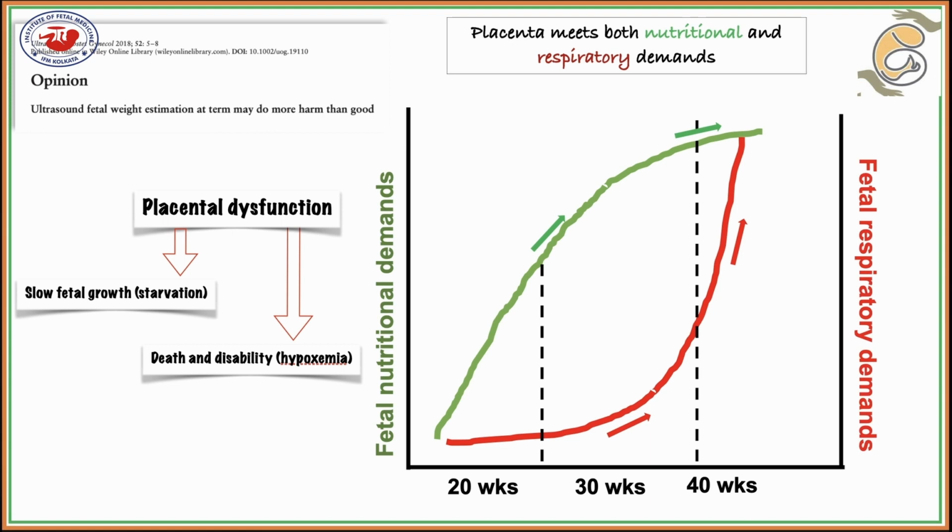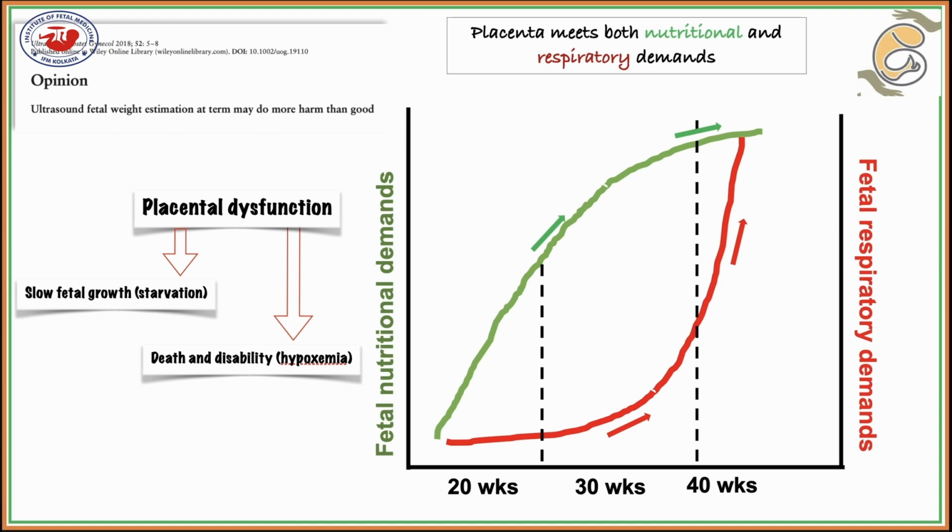Exponentially it rises because the fetus needs to grow, and for growth it needs nutrition. And once the fetus has grown and matured, then the respiratory demand exponentially increases in the last phase.